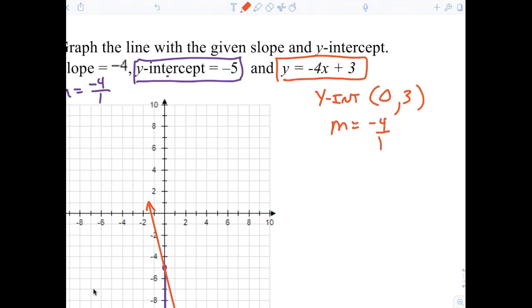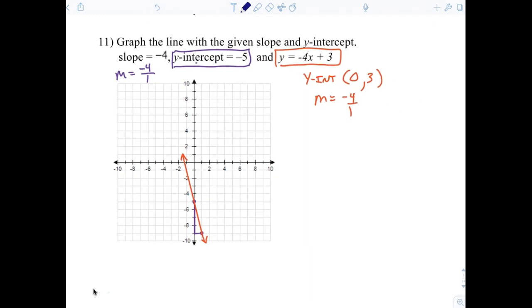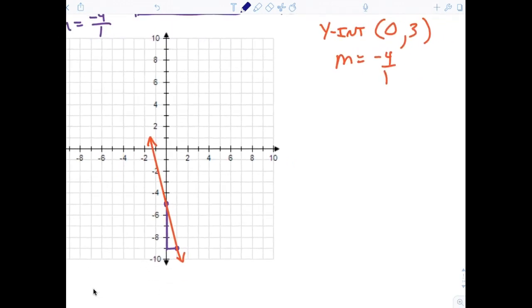I prefer that you say the slope as a fraction. That way you know what you're doing. So if the slope is -4, now I'm going to change colors here. Emery, how do I graph this? The y-intercept is 0, 3. Plot the point 0, 3, and then you go down 4 and over right 1. And then let's make the line.